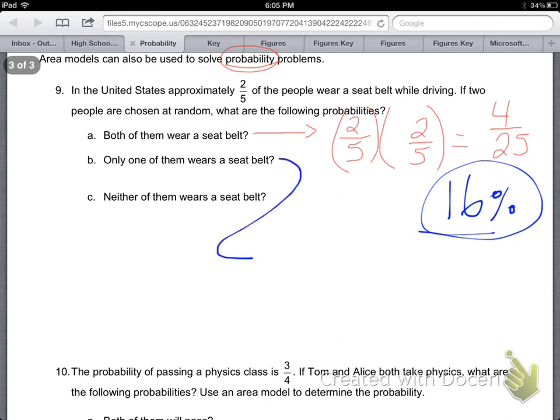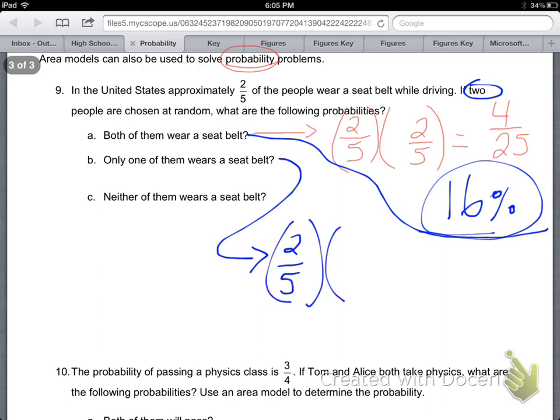Now for B. What happens if only one of them wears a seatbelt? So again, you're choosing 2 people because it says you're choosing 2 people. If only one wore it, well then that would be 2 out of 5 times the next person. And you think about it. If 2 out of the 5 wear the seatbelt, then how many don't?